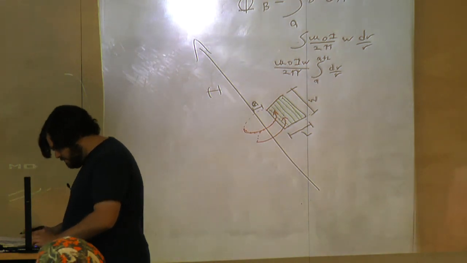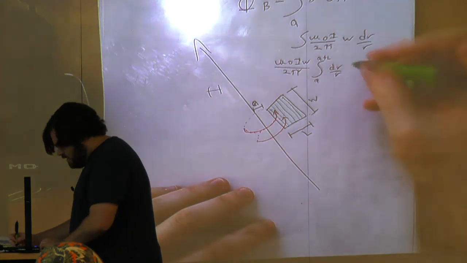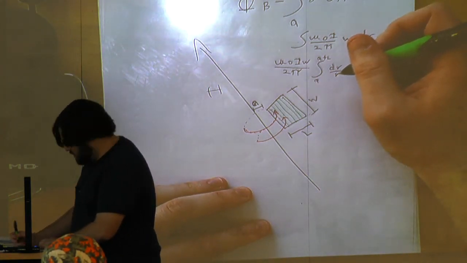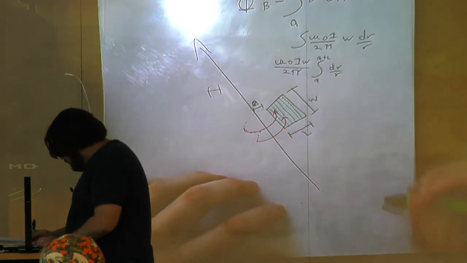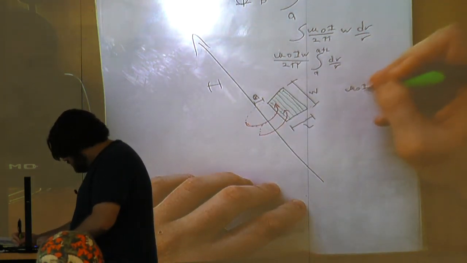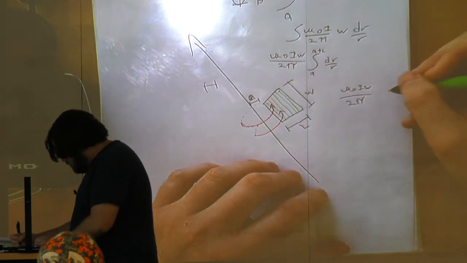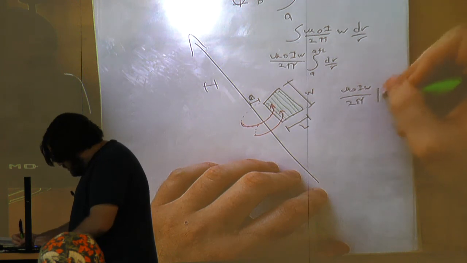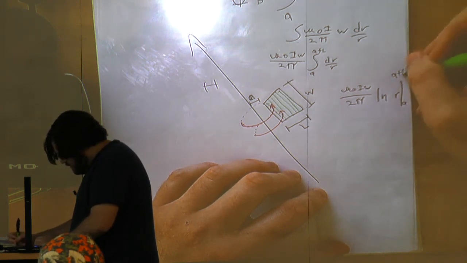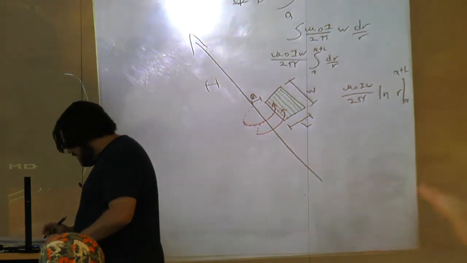Now, the integral of 1 over x is what? Yes, very nice. So we have mu naught I W over 2 pi ln R from A to A plus L. Now we're going to use the fundamental theorem of calculus.